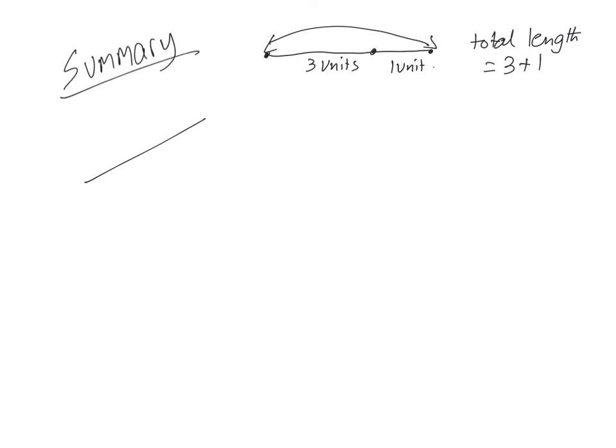Whenever you have an incline, we'll make a right triangle underneath it. And then we'll define these two sides as A and B. And we'll define the length we want as C and apply the Pythagoras' theorem.